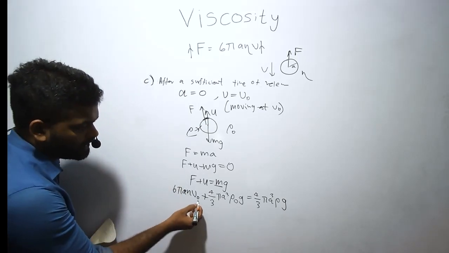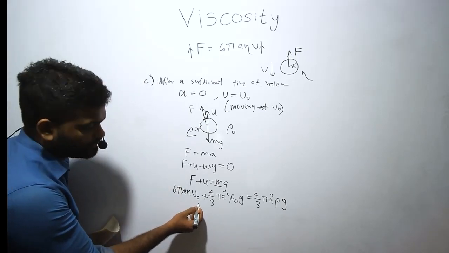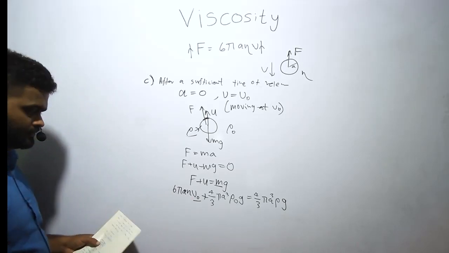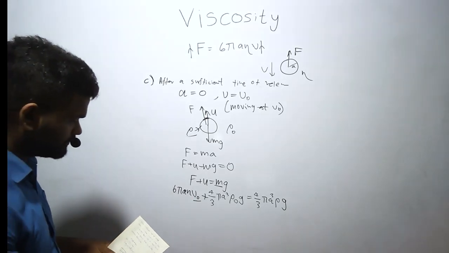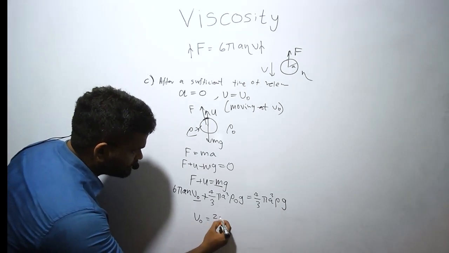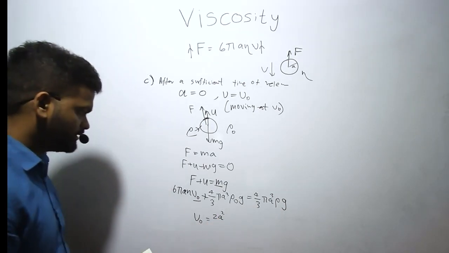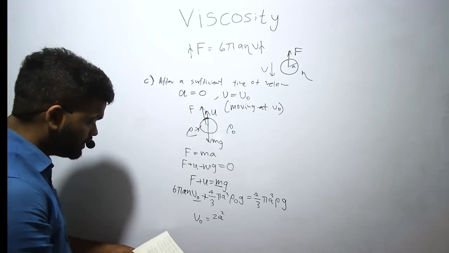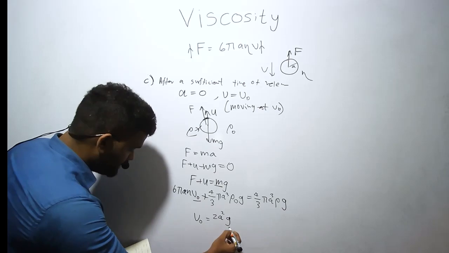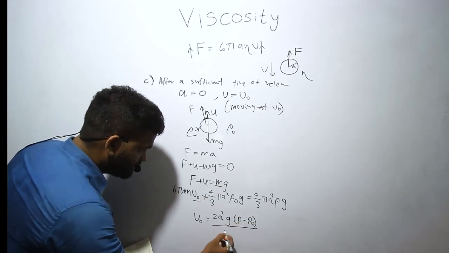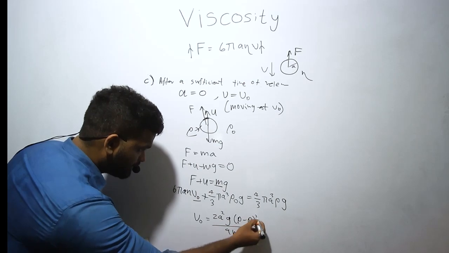Then I need an equation for V naught. You have to make V naught the subject. So V naught is this one, 2a squared. You have to do this simplification, right? I'm just directly writing the equation. 2a squared G rho minus rho naught divided by 9 eta.